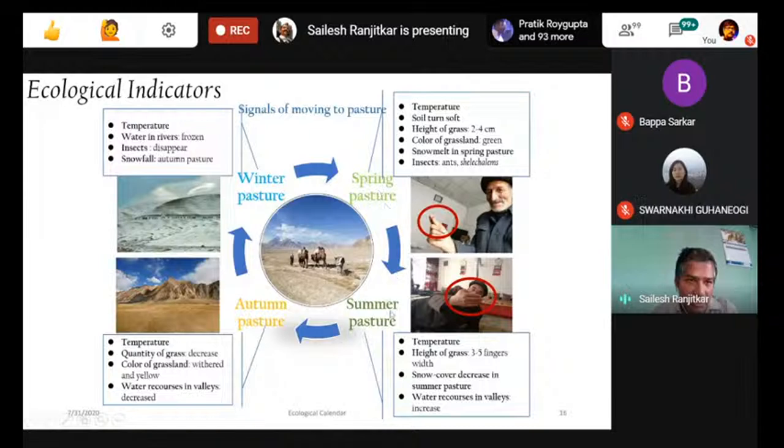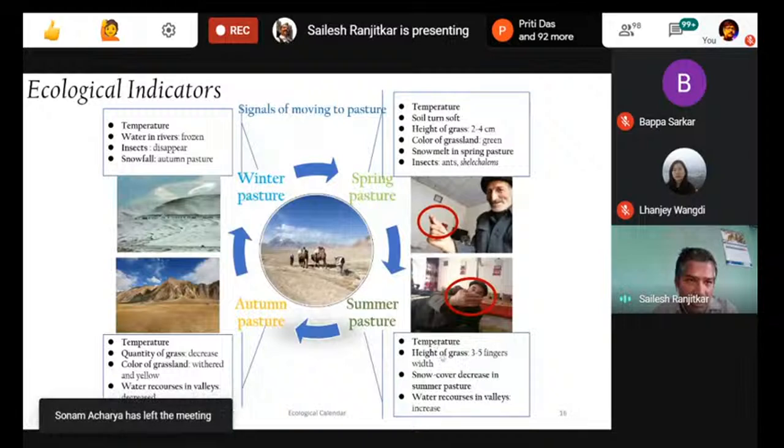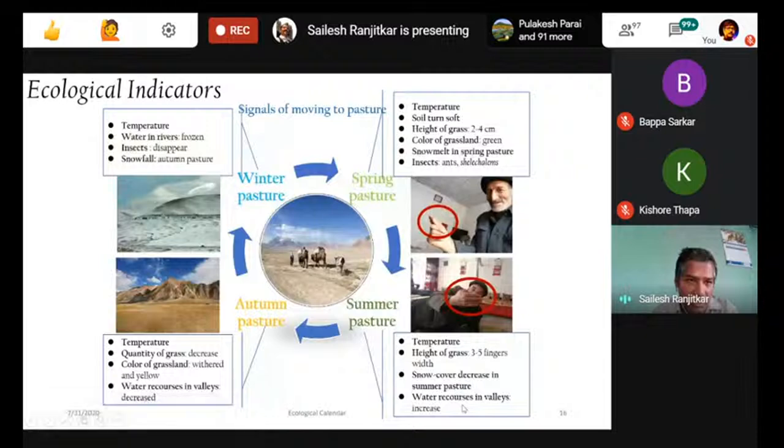From spring pasture to summer pasture, again temperature, height of the grass, decrease in snow cover, and water resources in the valley, the river getting bigger in the valley, are indicators to move to the summer pasture. Similarly, there are several indicators to move into the autumn pasture and the winter pasture. So this is one example from the Pamir region.